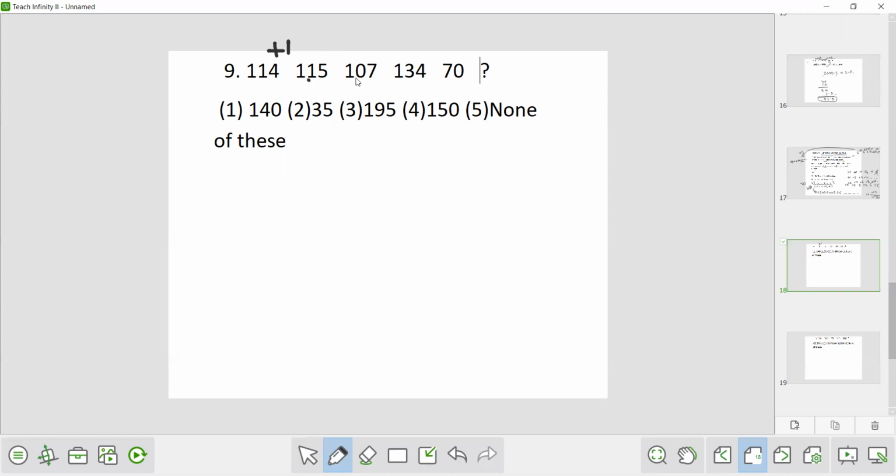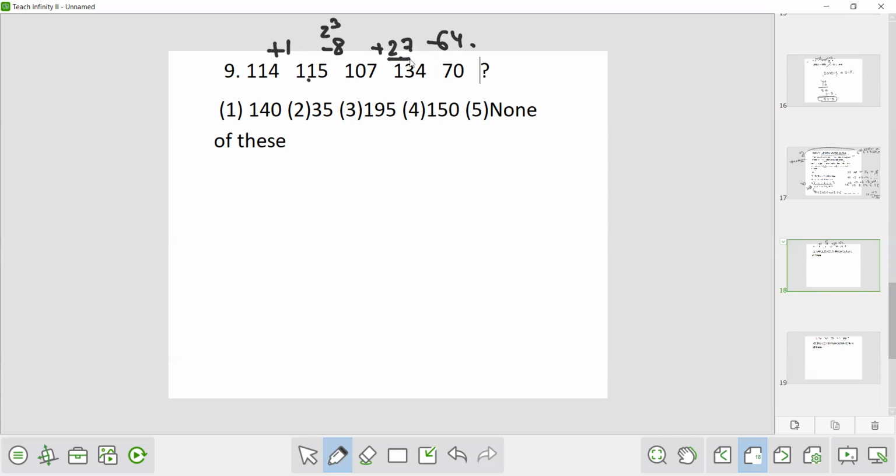Here 115 and 107. So how much is getting subtracted? So minus 8. Then again 107 and 134. So here we see that plus 27 is getting added. Then 134 and 70. So here 64 is getting subtracted. So now we look at the series. That series is plus 1, minus 8, plus 27, minus 64. So we recognize that it is 1 cube. When we see that this is 8, we can say that it's 2 cube.